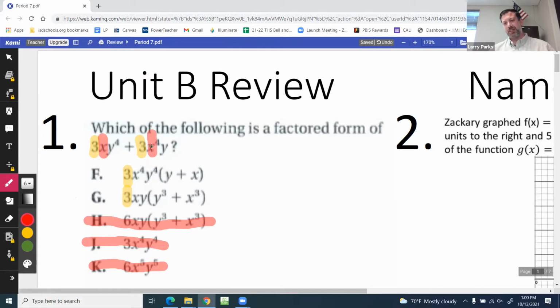You only have 1 x in common, so now it should just say x to the first. And then finally, y to the fourth and y. What's the greatest amount of y's you have in common? 4 y's and 1 y? Just 1 y. Divide that out, and you're left with y cubed plus x cubed. So I would say the answer is G.